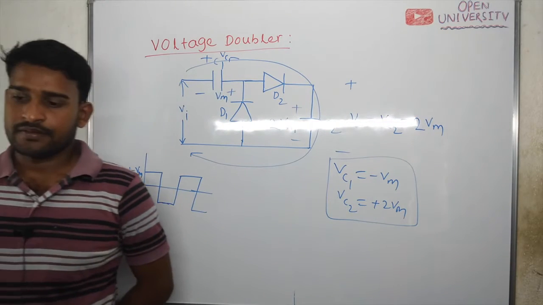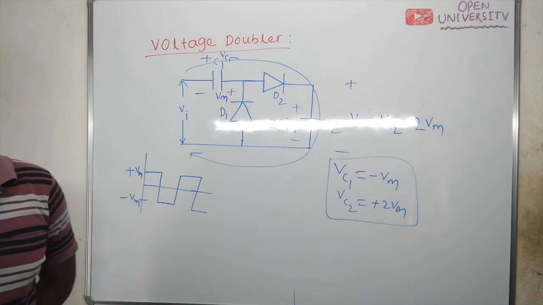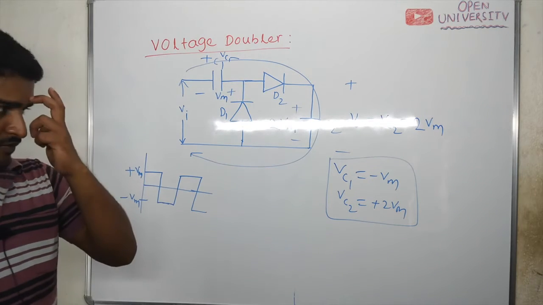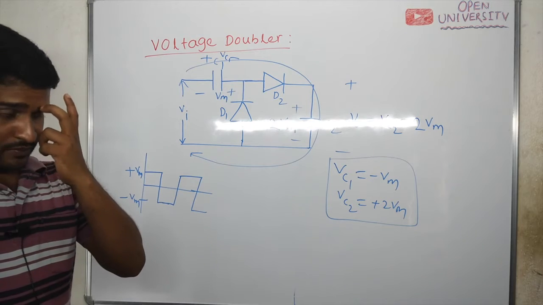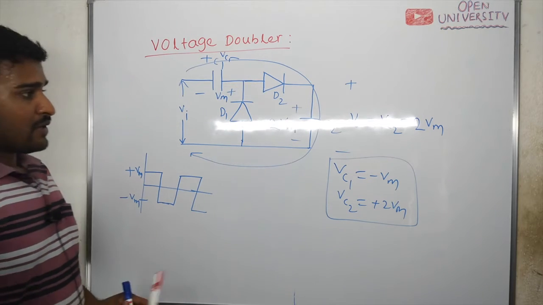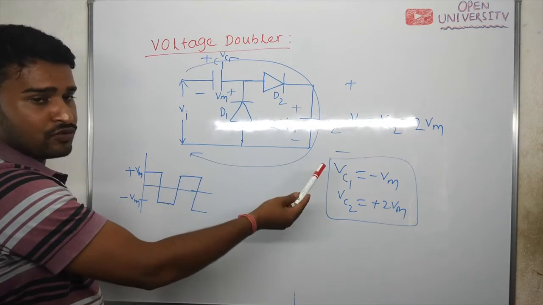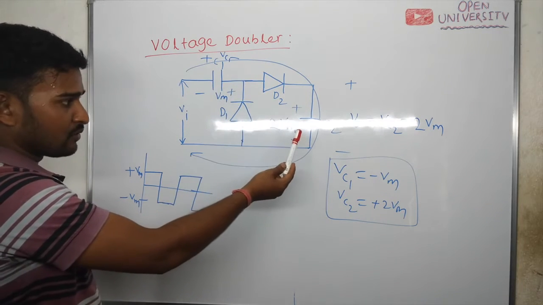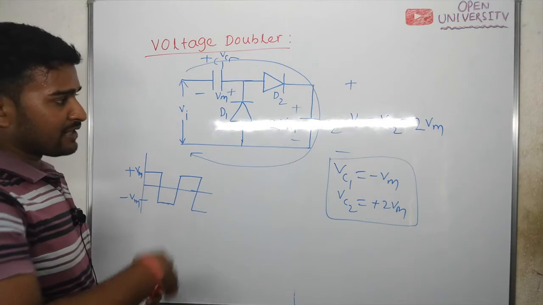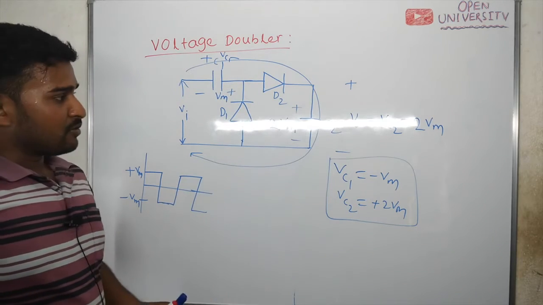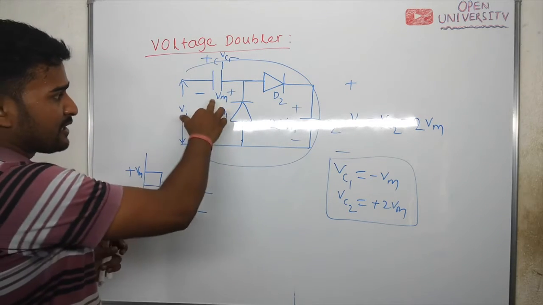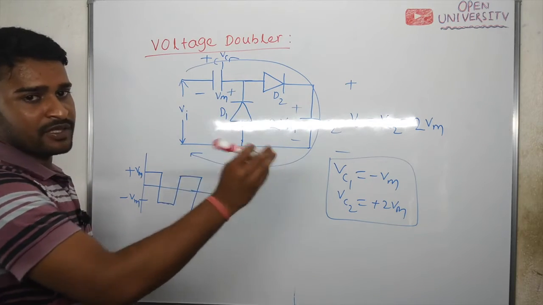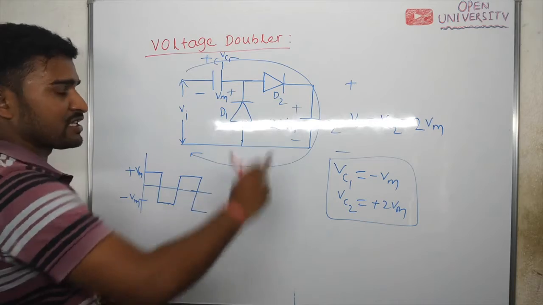Hence, write down the next one: when both capacitors are fully charged, once capacitors C1 and C2 charge up to Vm and 2 Vm, their maximum values, then after that the capacitor voltages will be fixed at Vm and 2 Vm. Vc1 will be fixed at Vm and Vc2 at 2 Vm, because there is no discharge path.